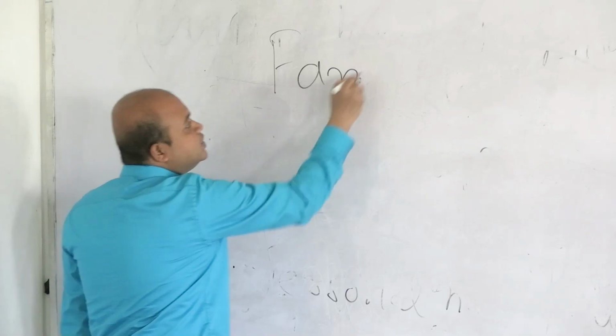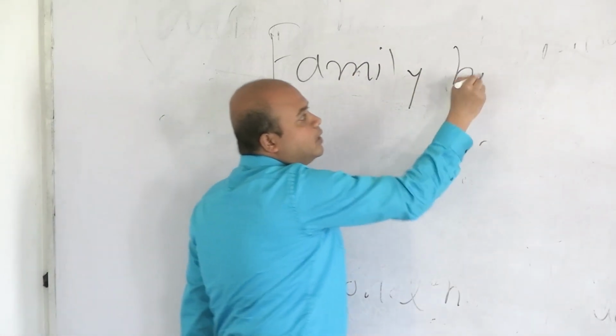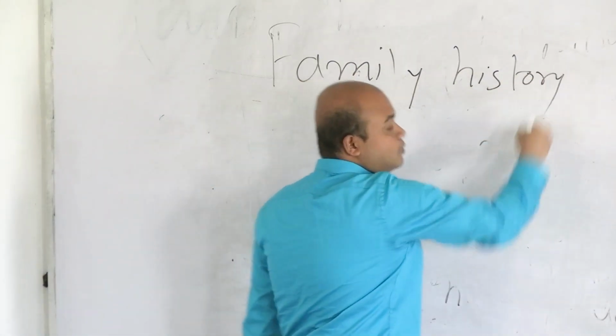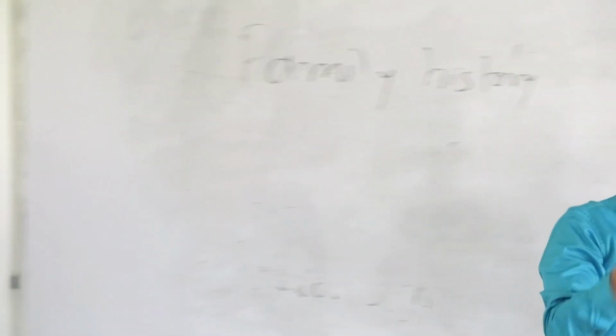Family history is more relevant for which types of diseases? Non-communicable diseases. I am sneezing, so I am suffering from common cold. I have diabetes, it will not get to you.